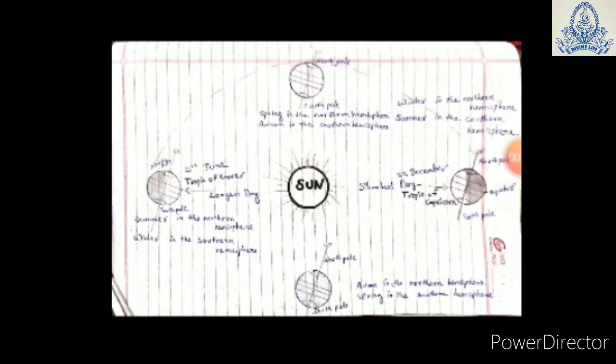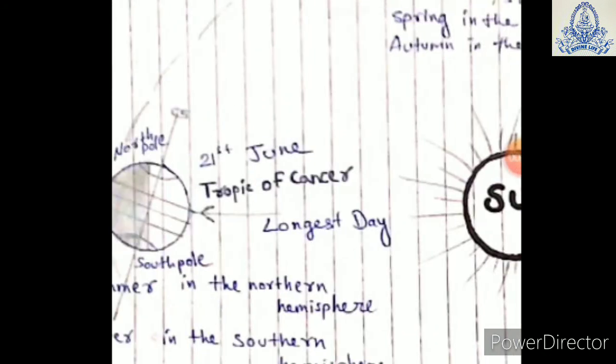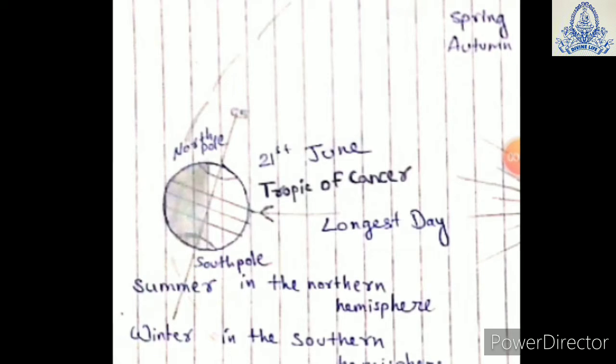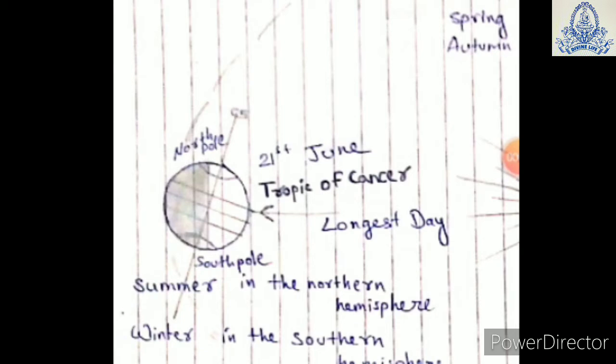See here, the northern hemisphere in this picture is getting more sunlight compared to the southern hemisphere. That means the hemisphere where more sunlight is received experiences the summer season. So here it is already mentioned: summer in the northern hemisphere.